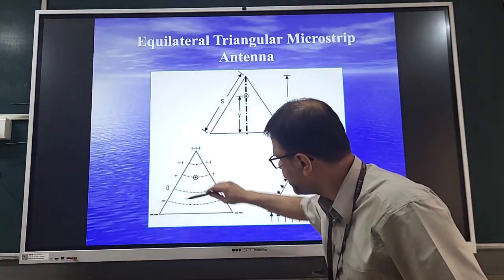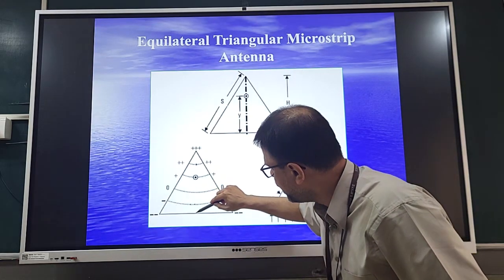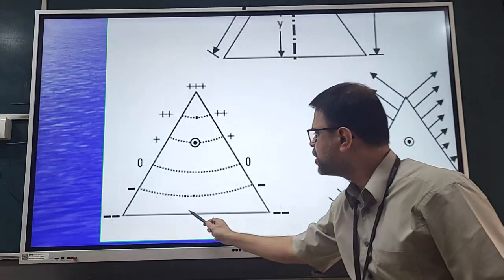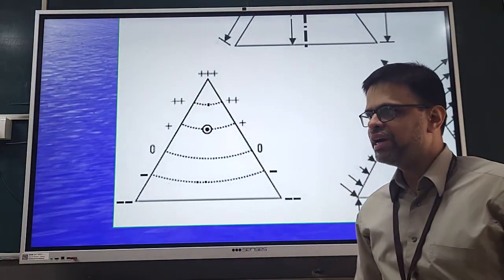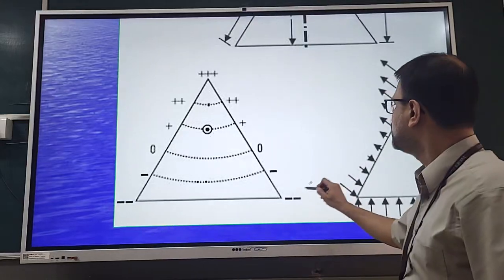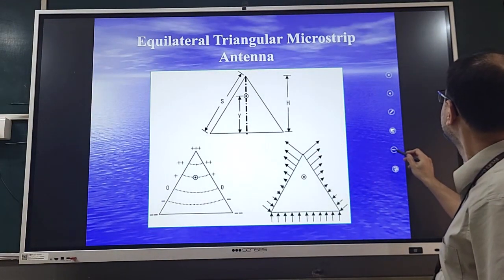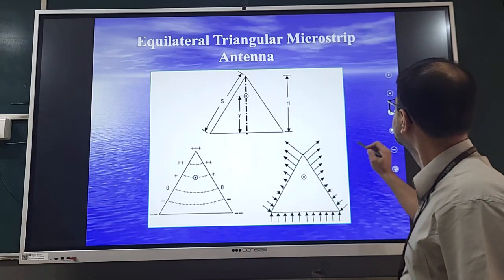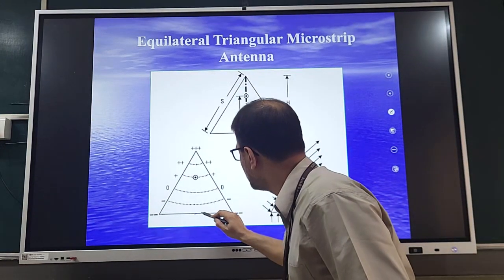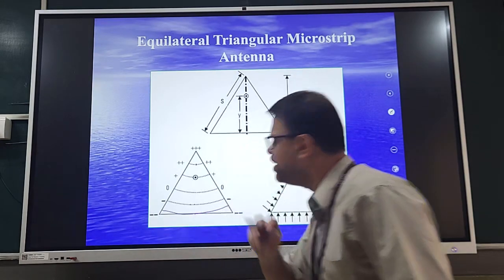Now look at this point over here. This is the radial distance. So a corresponding equipotential point will come somewhere here. Are you getting it? The corresponding equipotential point will come somewhere here.